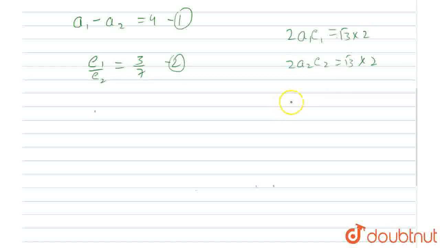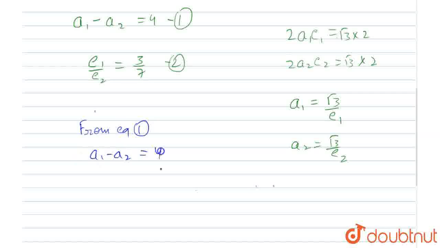Then we can say A1 is equal to root 3 upon E1 and A2 is equal to root 3 upon E2. Putting this in equation 1, A1 minus A2 is equal to 4, so root 3 upon E1 minus root 3 upon E2 is equal to 4.